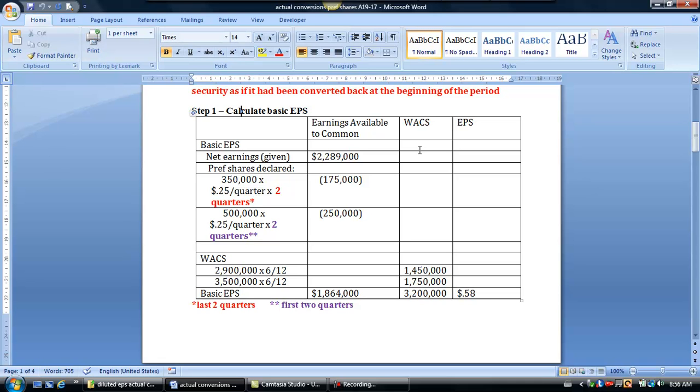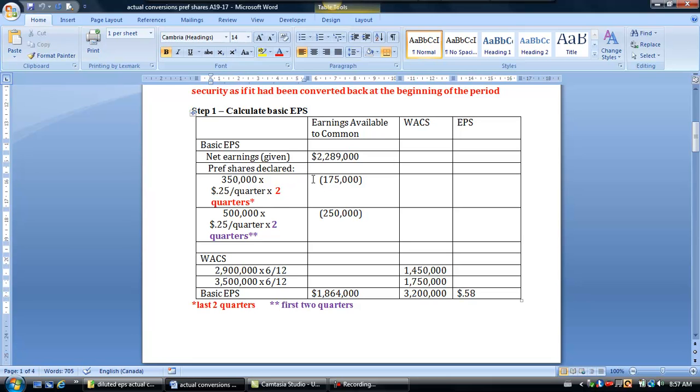So now in this case, I know that I had 350,000 of them outstanding for only 2 quarters, right? And those 2 quarters would have been the last 2 quarters, because 150,000 of the original 500,000 got converted on July 1st. So from July 1st, after the conversion to the end of the year, there's 2 quarters in there.